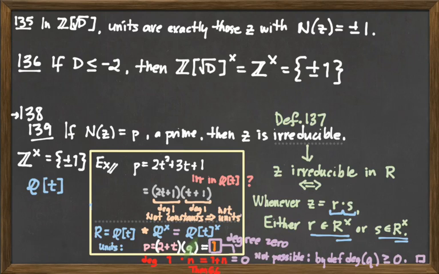And so what has that told us about whether P was irreducible as an element of Q adjoin t? It's not irreducible. It doesn't fit the definition because we factored it, and neither of those factors was a unit in the ring. So if we can factor, then that's a direct constructive way to prove that a polynomial is not irreducible.